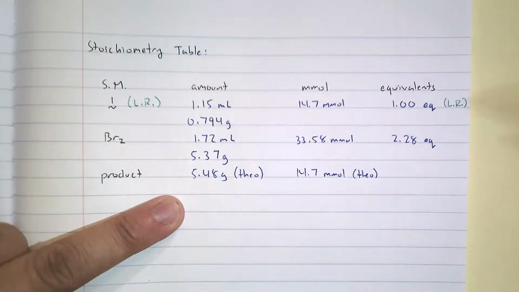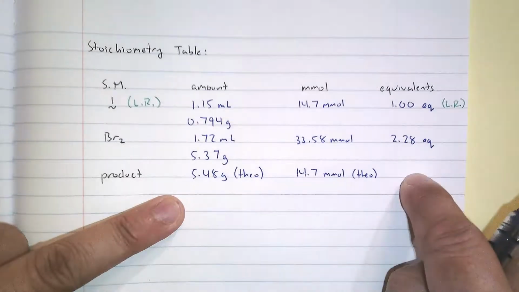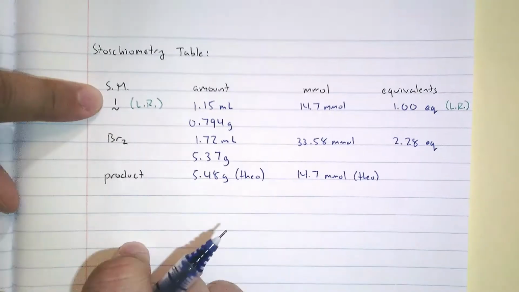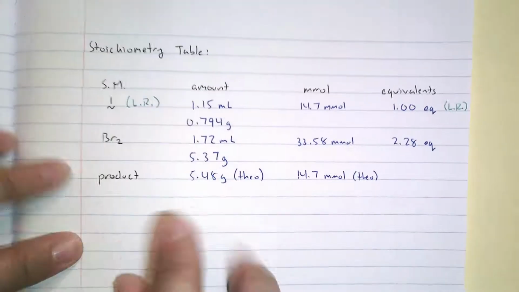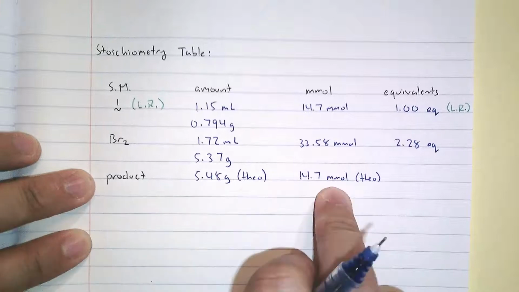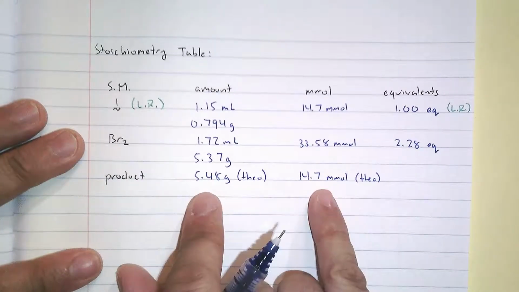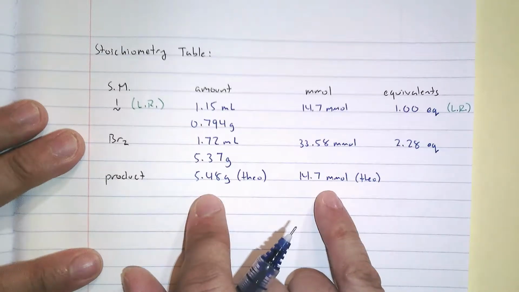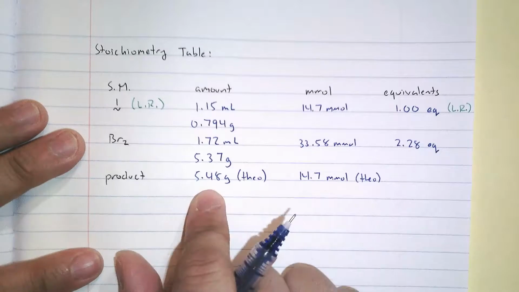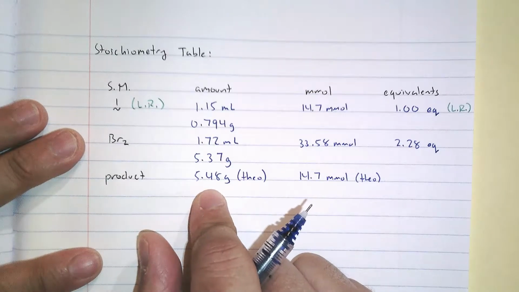I'm not going to put in here equivalents, but you know it's a 1-to-1 ratio for the 2-butane and the product. I do want the last line to be the product. And go ahead and put a little note that this is not actual. This is what you're striving for. This is theoretical. And most likely you'll get less than this, but there's no reaction in purification that will give you exactly 100% yield.